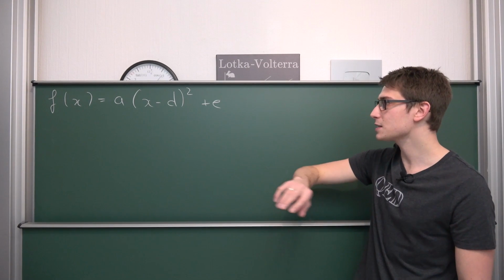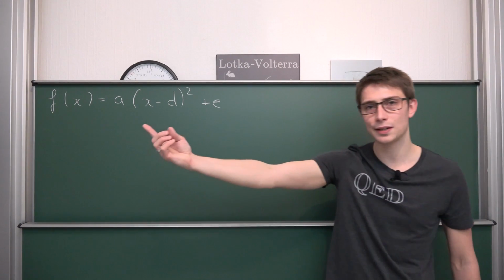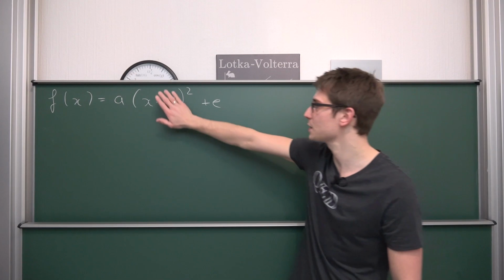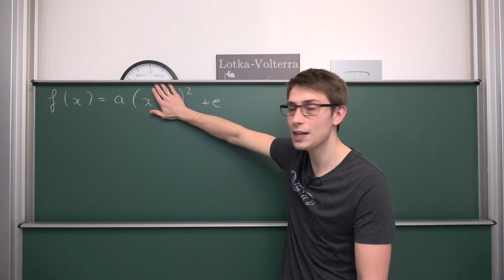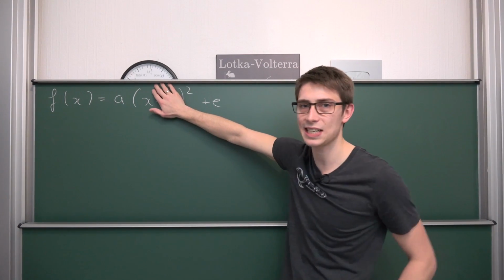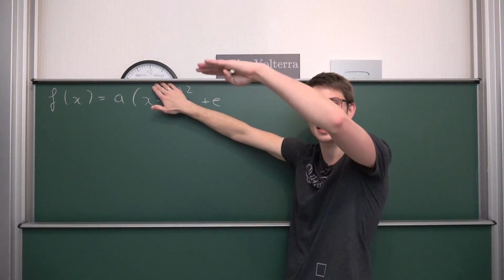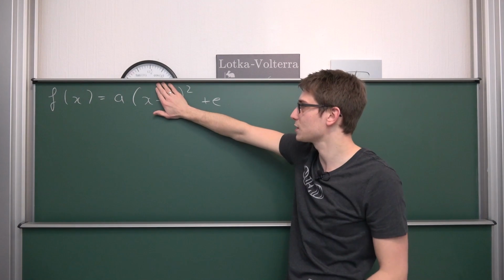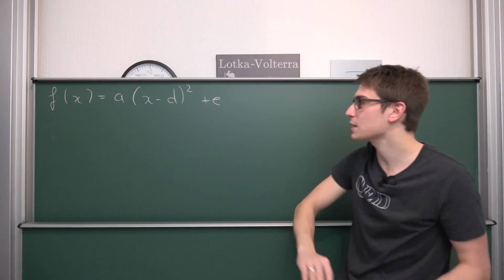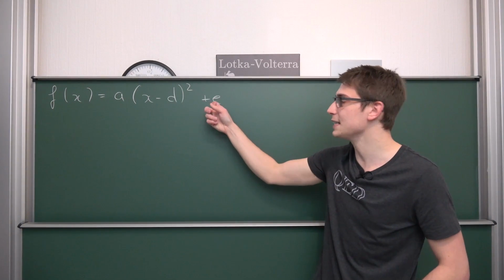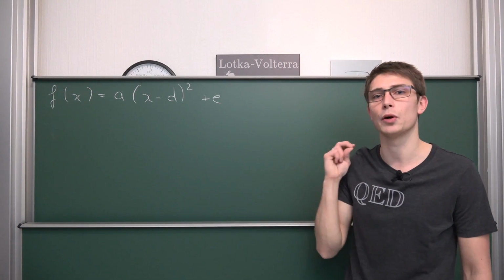Okay, a simpler case is when we don't have any movement to the left or right of the coordinate system, then our d is equal to 0, giving us something of the form ax squared plus e. And we know how to handle this, because this is just a function that's shifted upwards and downwards in the coordinate system, giving us a vertex at the spot 0 and e, meaning our e is our y-intercept.